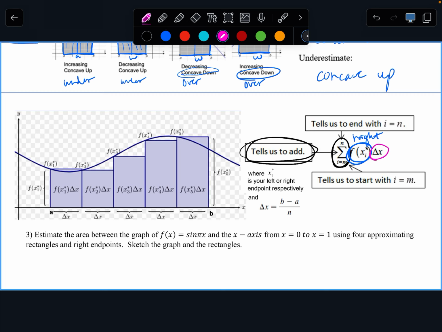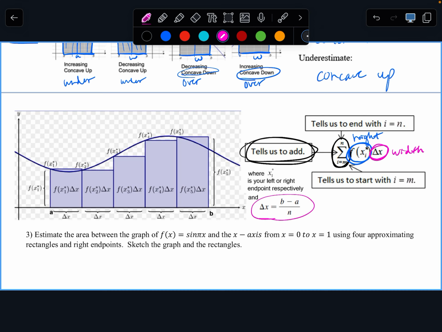Each of these change in x's is your width. Throughout the unit we're dealing with rectangles constantly. We've got a height and a width, height and a width. Your change in x, the width of each of your rectangles if they're equal, is this little equation here.